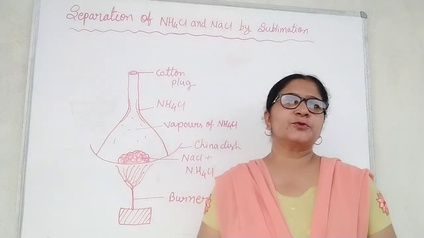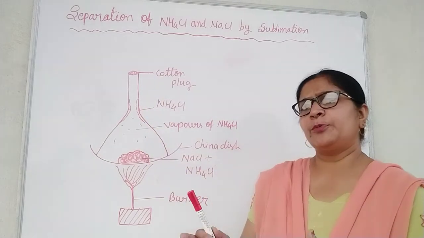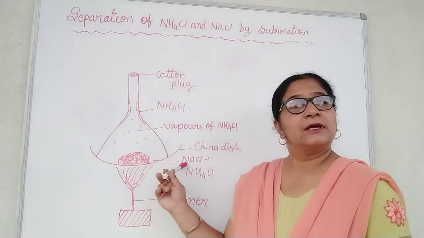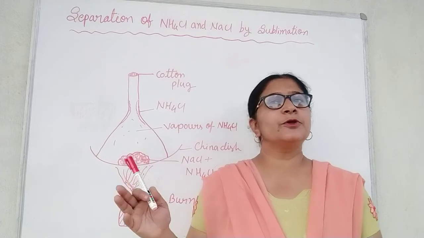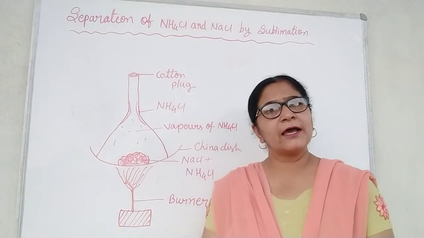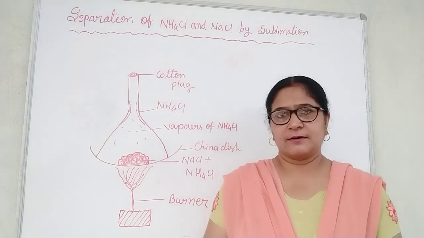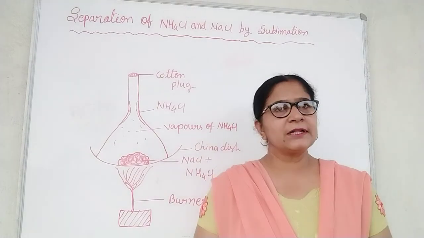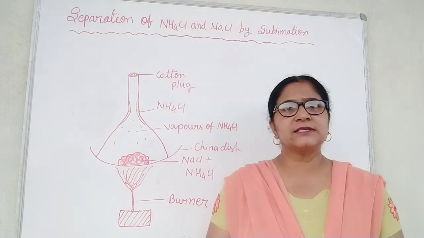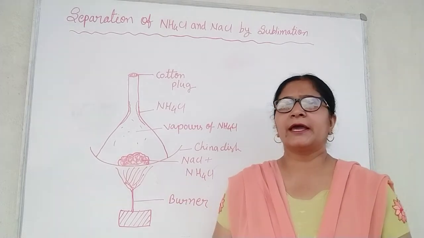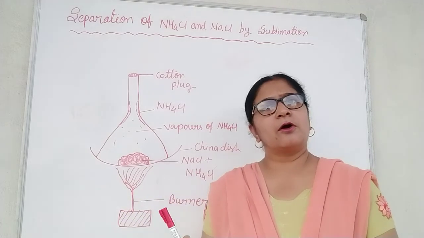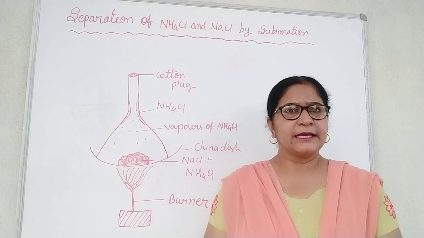Instead of NH4Cl, you can also use camphor, naphthalene, or anthracene. These are all sublimates, so you can easily separate a sublimate from a non-sublimate.